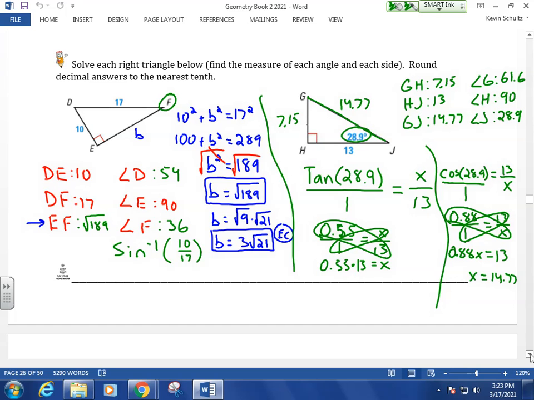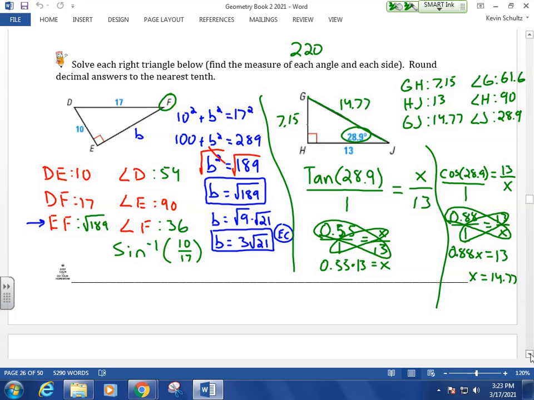And we can look at this and ask, do our answers make sense? Our hypotenuse, that 14.77, is the longest side, which it should be, being the hypotenuse. And we can use the Pythagorean theorem here just to quickly check. I'm going to take 7.15 and square it, add to that 13 squared, and I get 220.1225.